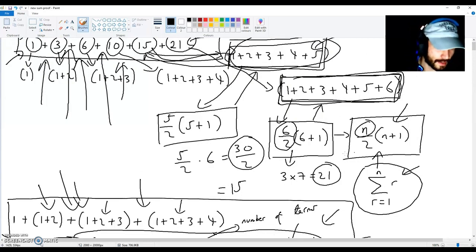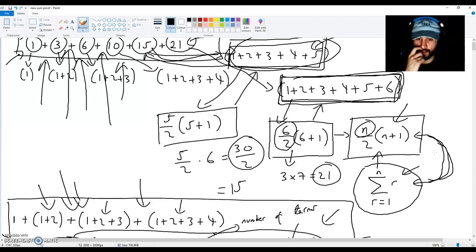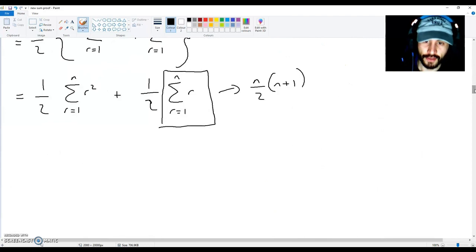Remember this equation here, and remember this. I showed you that these two are connected. You can go back to the start of the video if you don't really understand why, but I assume that you do. So this over here is actually equal to this, so we can simplify what we've got even further.